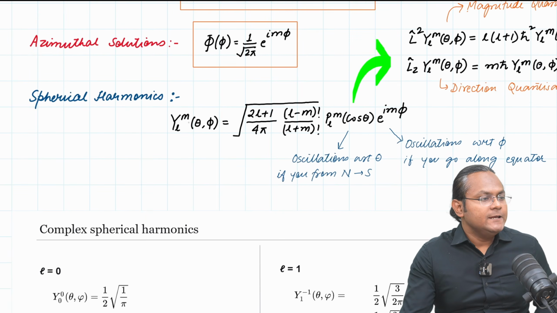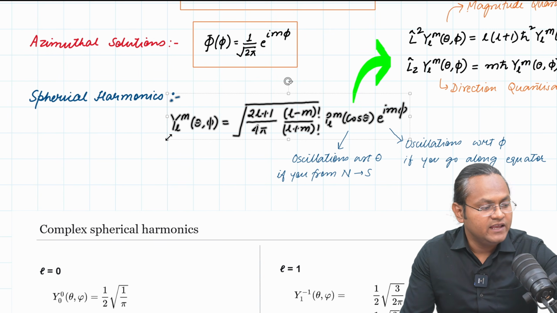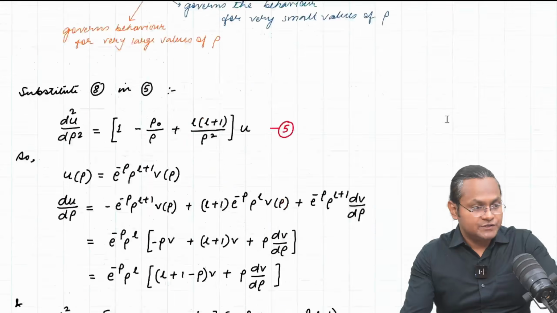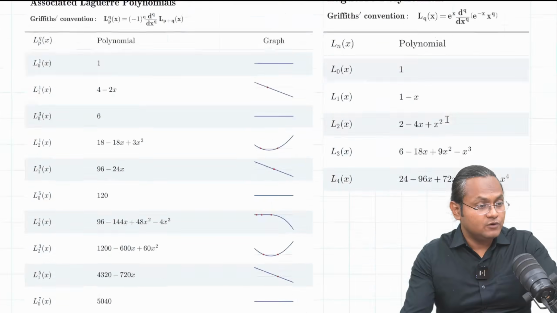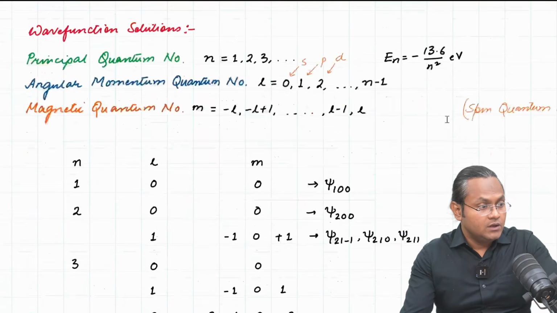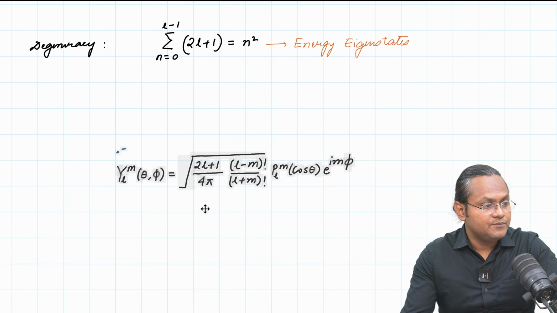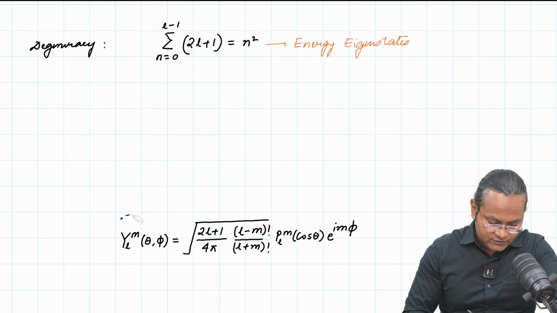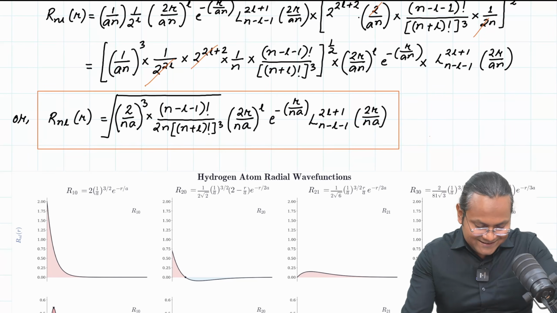So let us combine our final expressions of the spherical harmonics that we had obtained earlier, and the radial solutions that we have just now obtained, to get the final description of the wave function solutions. So the spherical harmonics are these, and the radial solutions are these.